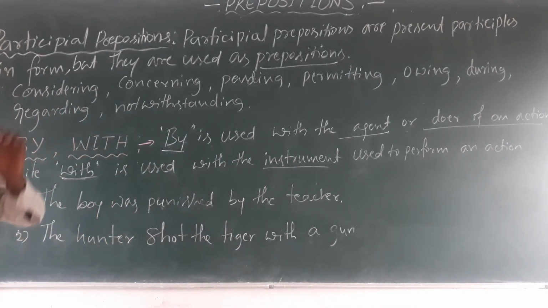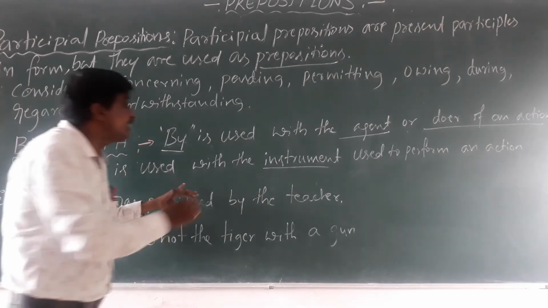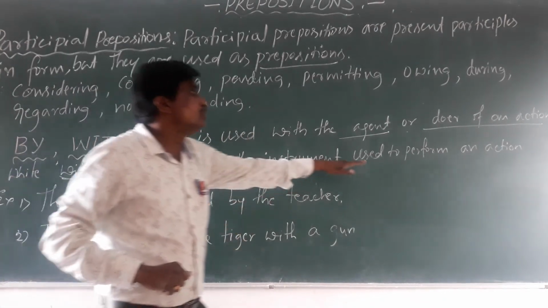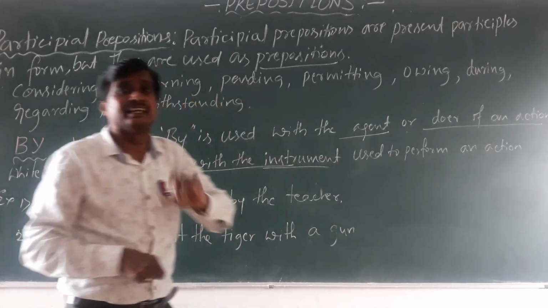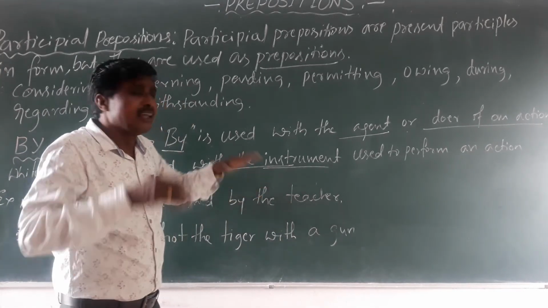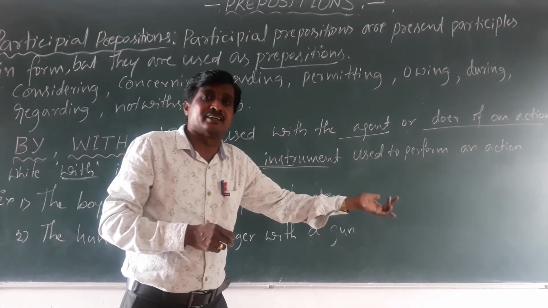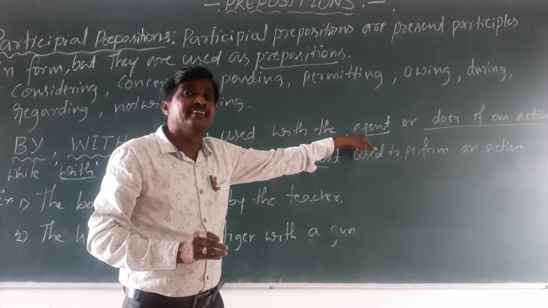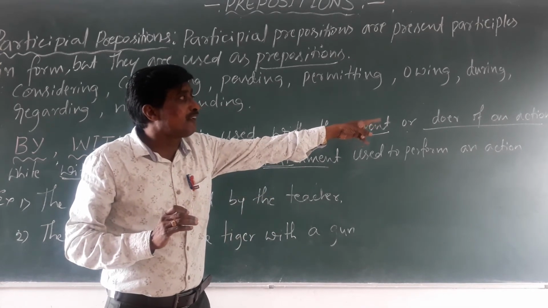But with is used with the instrument used to perform an action. With is used with the instrument used to perform an action. But by is used with the agent or a doer of an action.